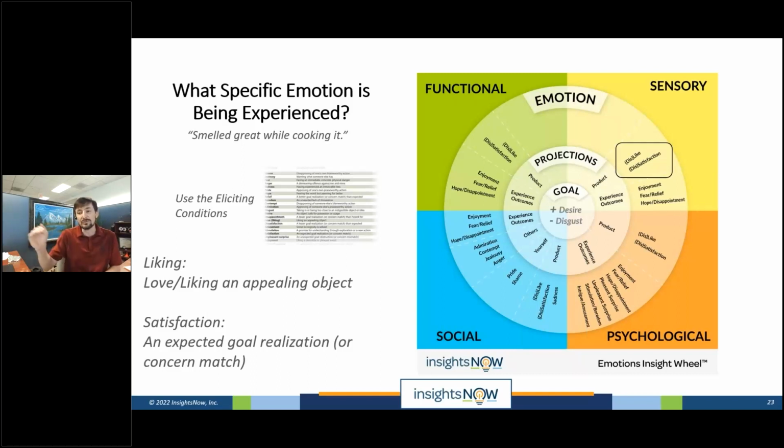So what we want to do is go back to the eliciting conditions and look at the definitions of these two. Liking is defined as love or liking of an appealing object, whereas satisfaction is an expected goal realization or concern match. Now, in her commentary, was there a goal she was talking about being accomplished? No, it just smelled great.